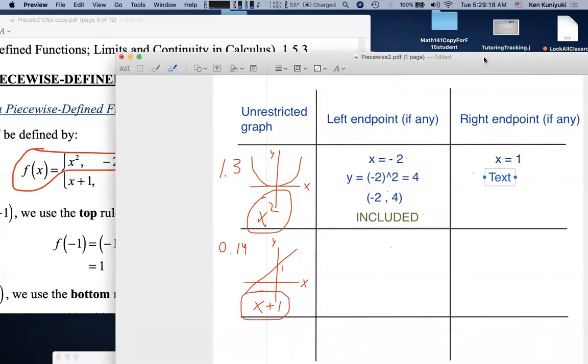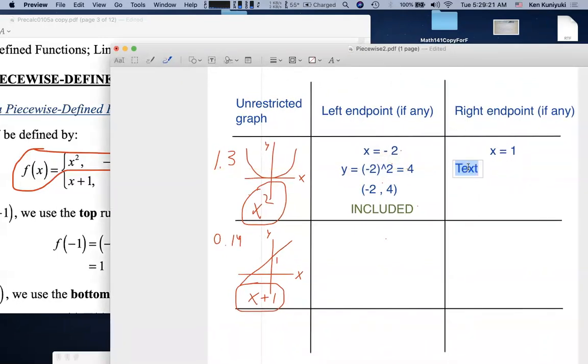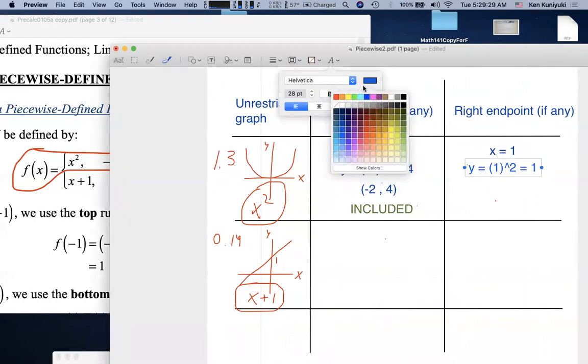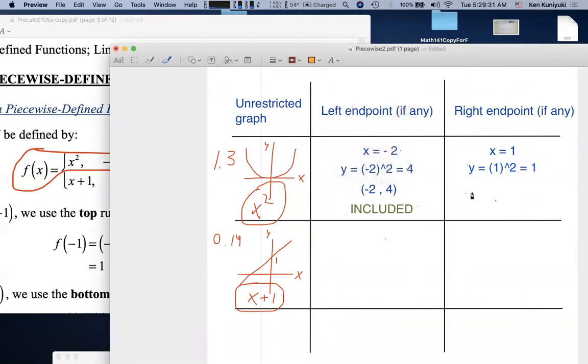So the corresponding right endpoint will have y coordinate 1 squared, which will be 1. The corresponding right endpoint will then be 1, 1.